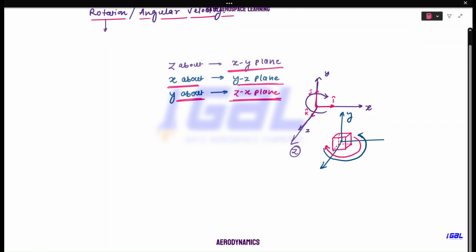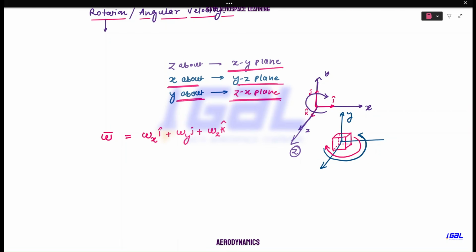Now you can write, so rotation or angular velocity will be given as this omega, and this will also be given by omega x i cap plus omega y j cap plus omega z k cap. So the addition of the x-axis rotation, y-axis rotation and z-axis rotation will give you the total rotation or total angular velocity. That means while the flow is rotating, let's say this is easier to explain to you.